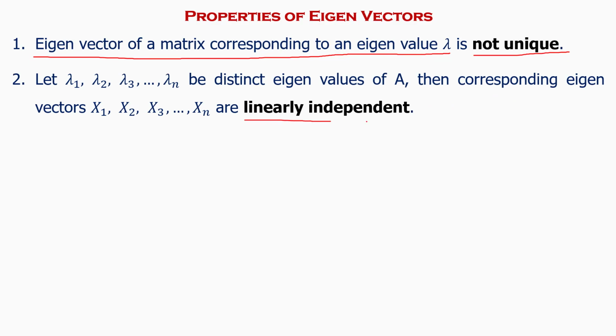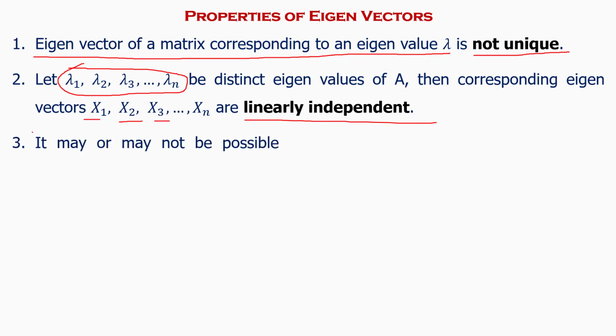This is a very important property. If all these eigenvalues lambda 1, lambda 2, lambda 3 up to lambda n are distinct, then definitely the corresponding eigenvectors x1, x2, x3 up to xn are all linearly independent.